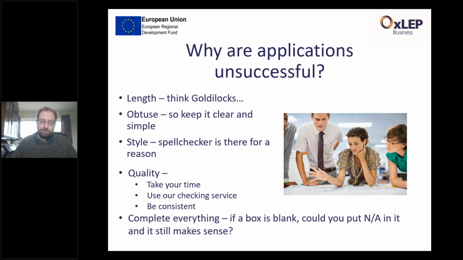Applications are often unsuccessful because of a lack of consistency. So what I mean by that is that if you've asked for a grant of £24,050 on page 1, please make sure that the grant requested remains at £24,050 on pages 3, 7, 9 and 10, everywhere else it appears. It is very difficult for assessors to assess a grant application if we're not entirely sure what it is we're assessing.